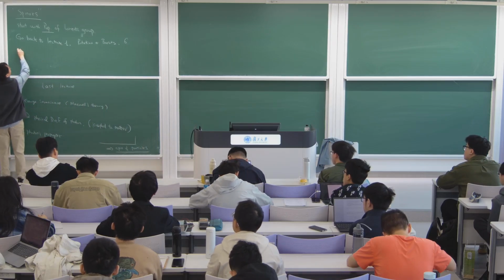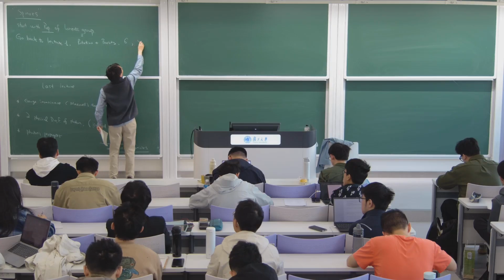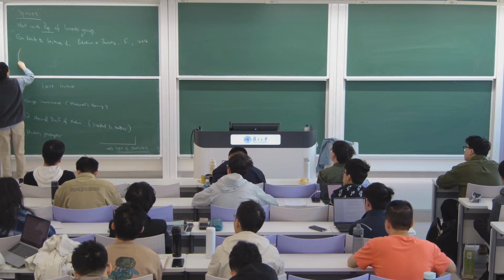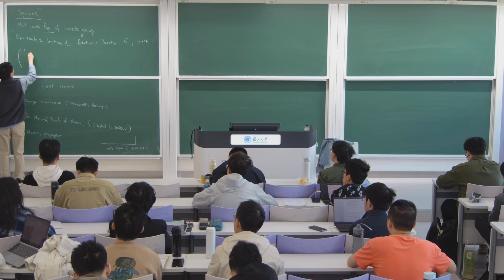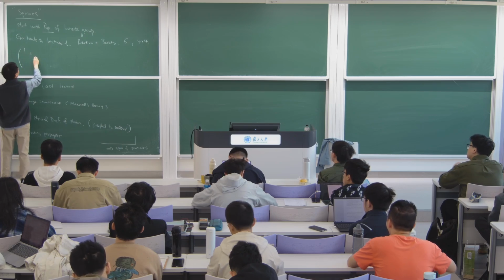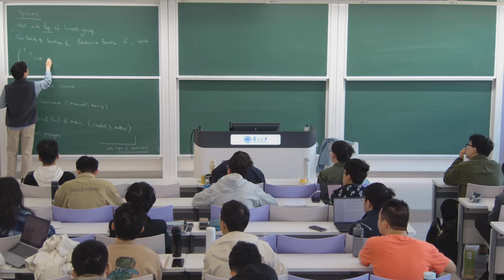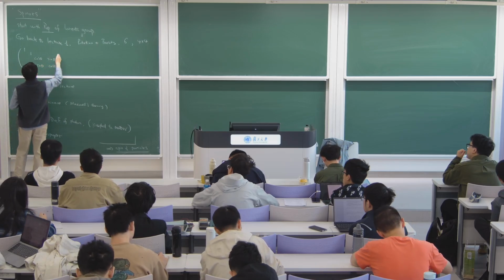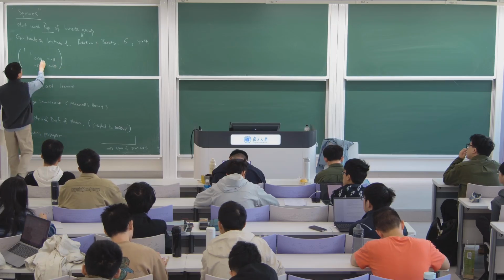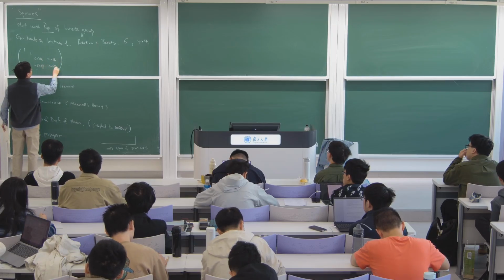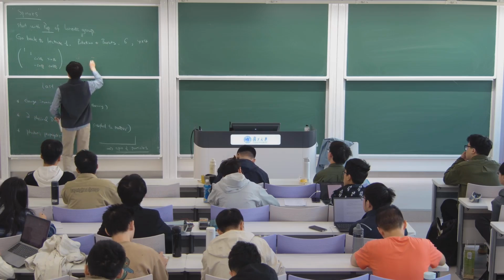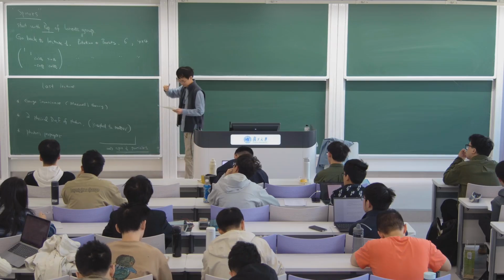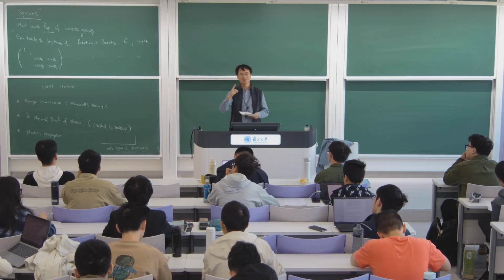These are all given by 4x4 matrices. For example, there are 3 rotations. The rotation about the x-axis is given by this: 1, 1, cosine theta, sine theta, minus sine theta, cosine theta. We label this x, because there are 2 more rotations, around the y-axis and the z-axis.